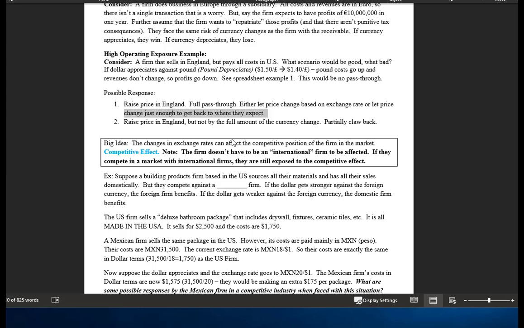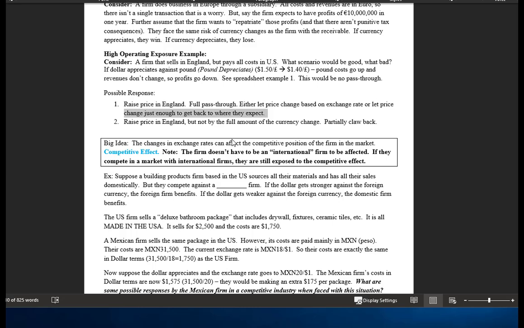So we're going to look at a numerical example here in a minute and think about a situation where the pound went from $1.50 to $1.40 per pound, right? So that's a decrease in the value of the pound. The pound is depreciating, but conversely, the dollar is appreciating. It takes less dollars to buy a pound. So in this case, what's going to happen is the pound costs are going to go up because we're buying these inputs from U.S. suppliers.